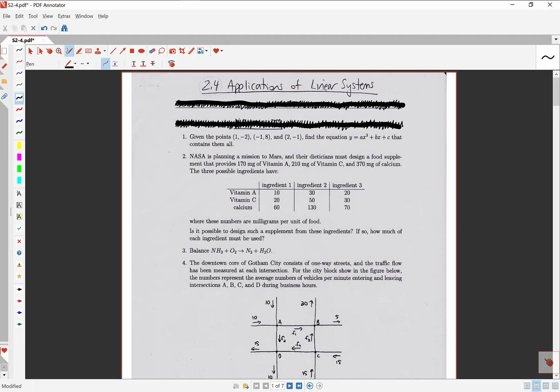So typically with these word problems, if you look at the very last sentence, that usually gives you an indication. Often it gives you an indication of what your variables should be. What do we really care about? How much of each ingredient must be used? Okay, so we'll talk units of ingredient 1, units of ingredient 2, units of ingredient 3, and those are the variables that we're going to be solving for.